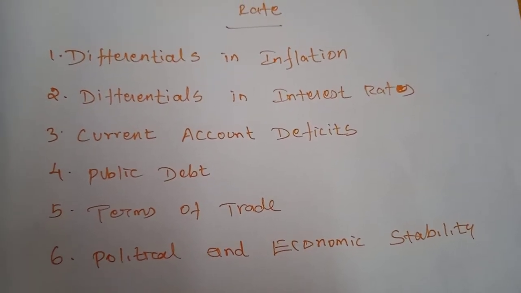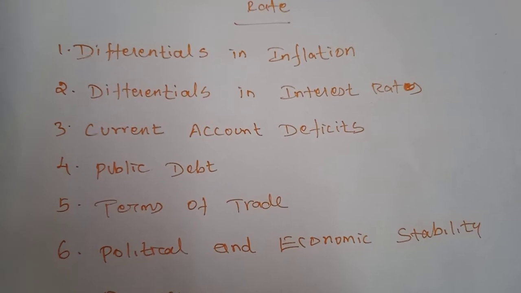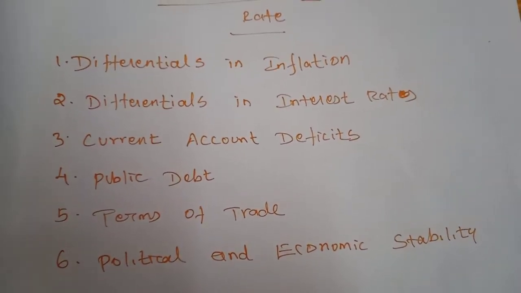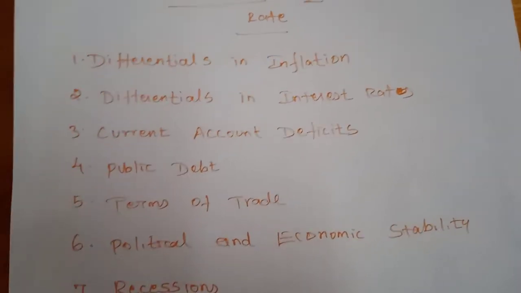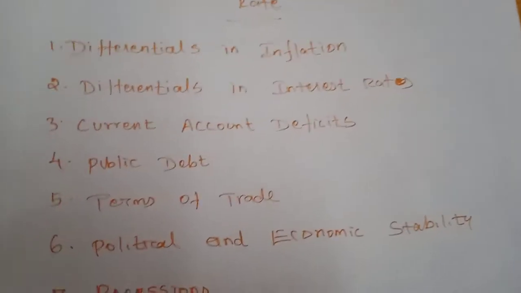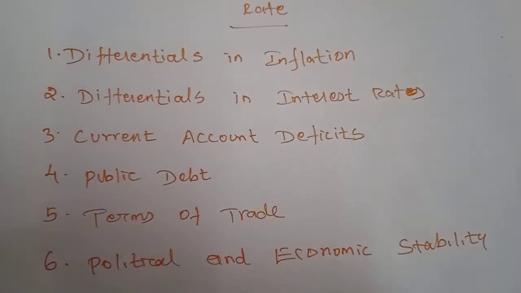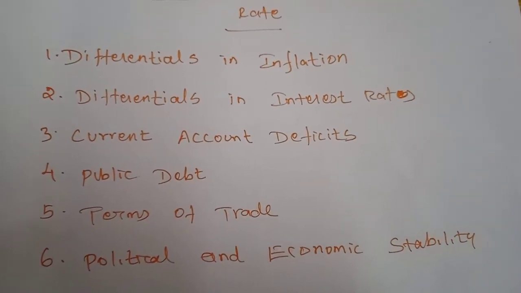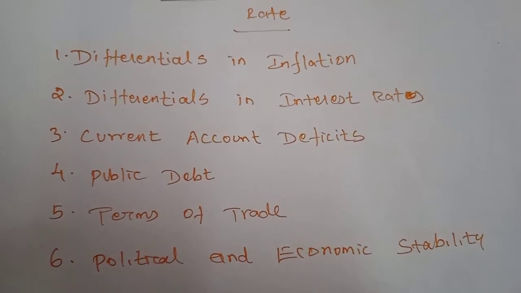Normally, when the inflation rate of one nation is very low, the currency rate will also increase, because when we have inflation, our value of currency is very low, so all the nations will come to our nation to make imports.